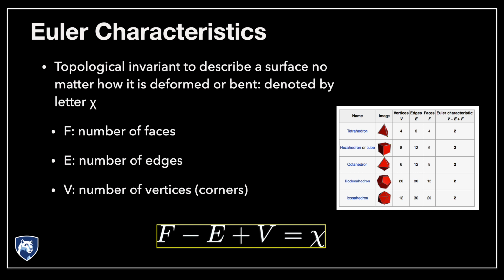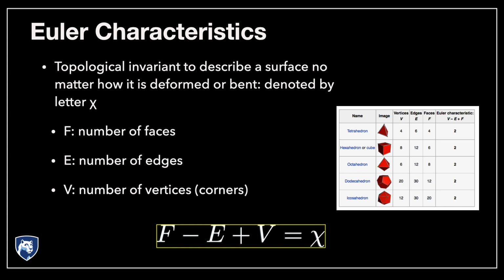Now, what's interesting is the Euler characteristic, and there is a very interesting body of work connecting this characteristic to the curvature of the surface, the Gaussian curvature, which is itself a topological invariant, using the Gauss-Bonnet theorem.